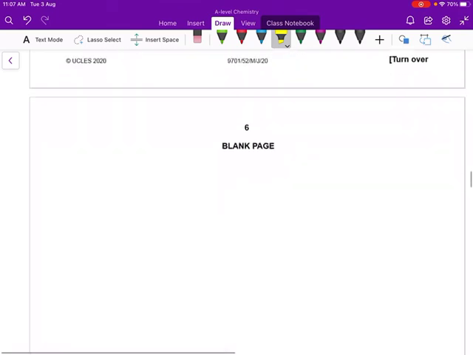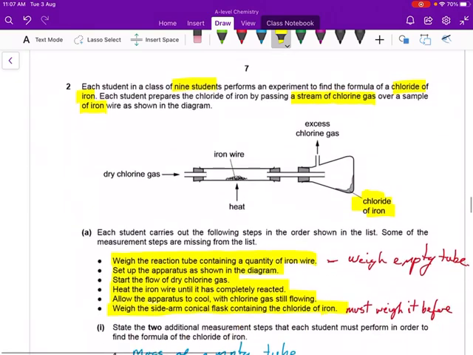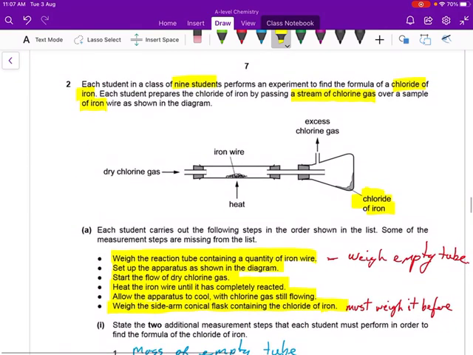Experiment 2, let's talk about that one. Right, so they did something almost similar. You would see the chemistry experiments stay relatively similar to what you did in AS practicals.